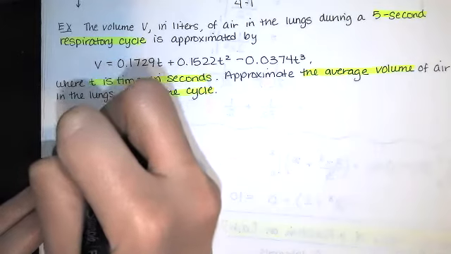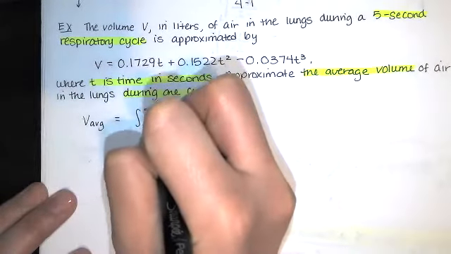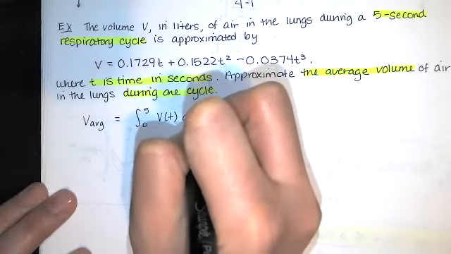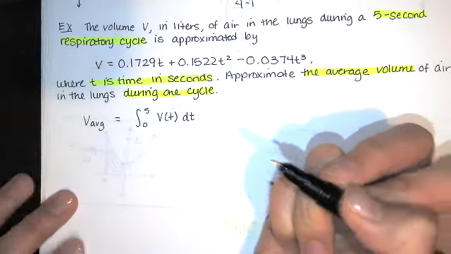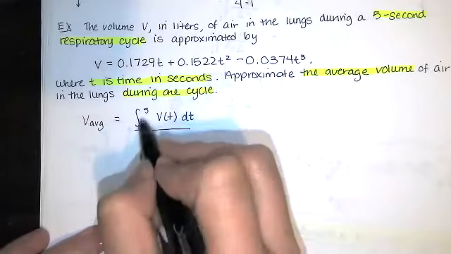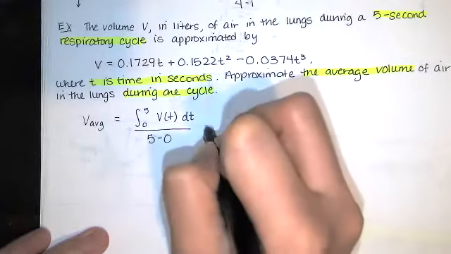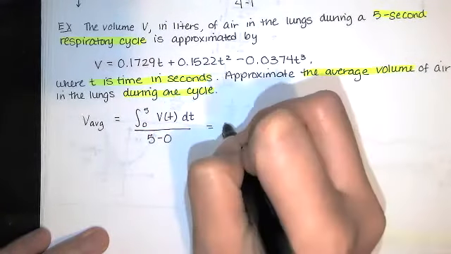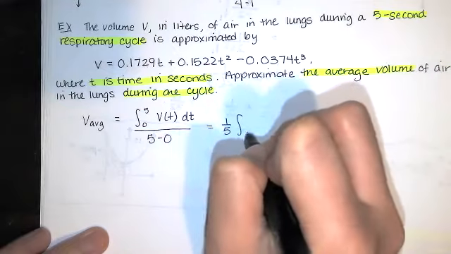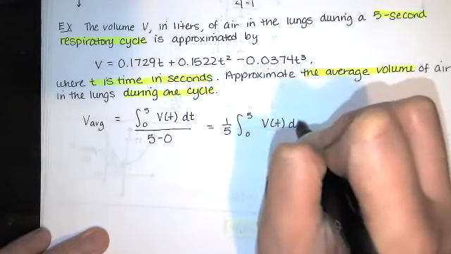So the average value of v is the integral from 0 to 5 of v of t with respect to t, we're using t instead of x. And then we divide by the length of the interval. That's just 5 minus 0. So dividing by 5 is the same as multiplying by 1/5. So we'll get 1/5 times the integral from 0 to 5 of v of t.